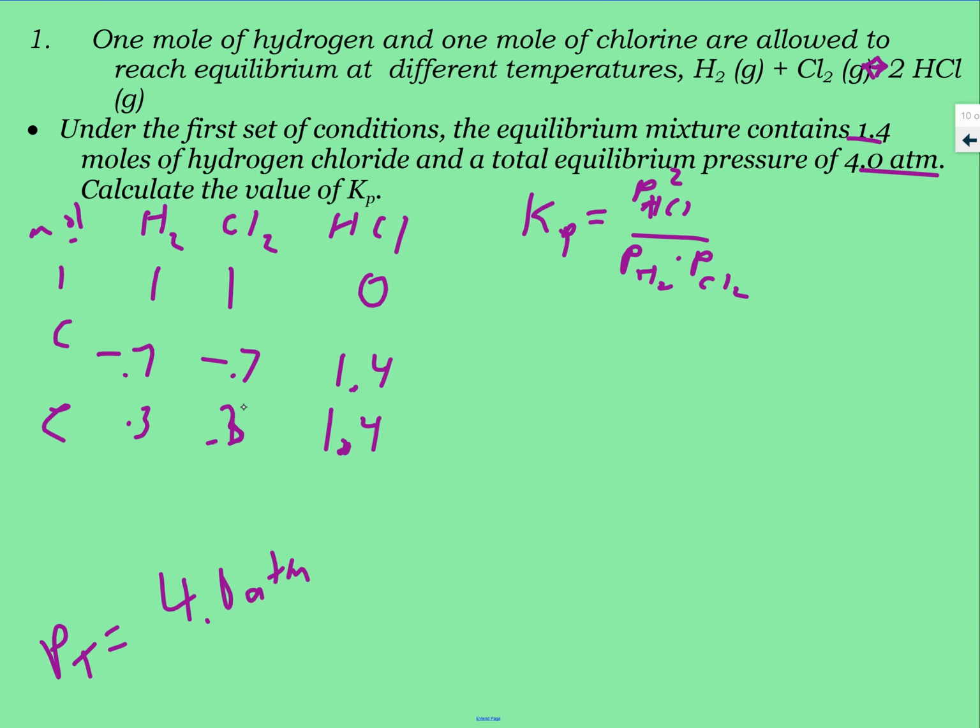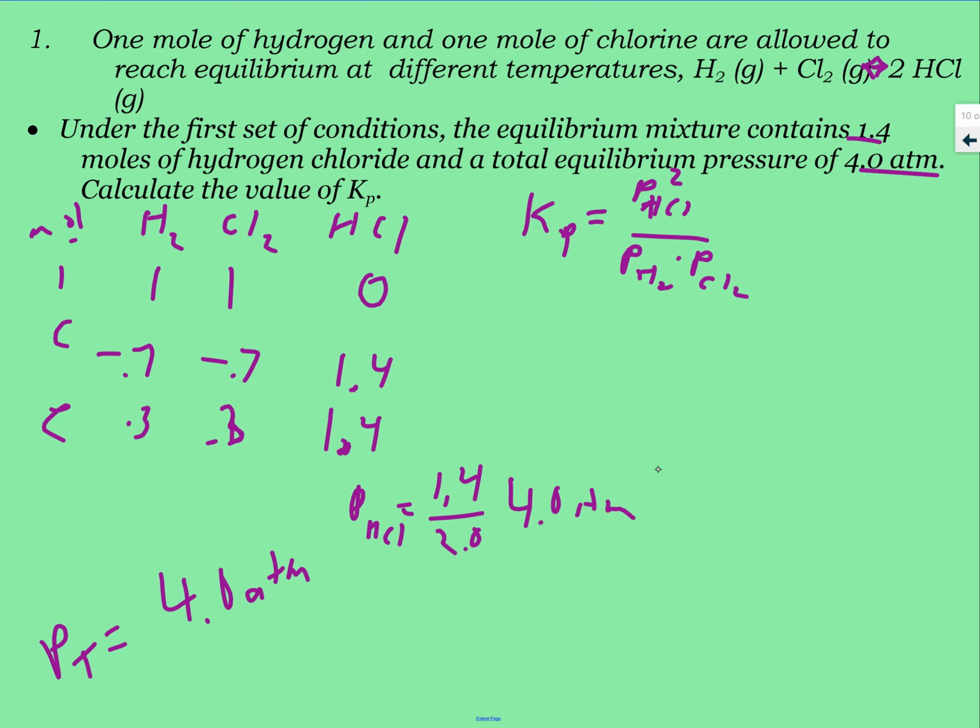I need to find the pressure, so I'm going to use a mole fraction. There's a total of 2 moles. So I take 1.4 over 2, which is going to give me, oopsie, I want the pressure, times the total pressure of 4.